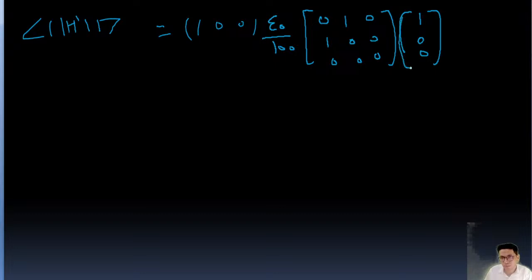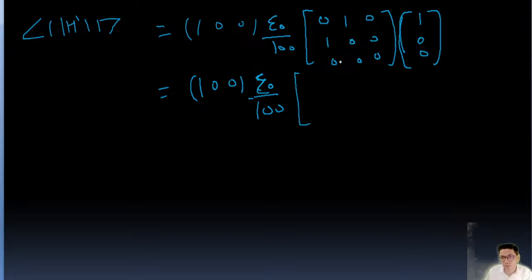So you will solve it. First we will solve this. This is going to be the row (0 1 0) times E0 upon 100, and we multiply this value.